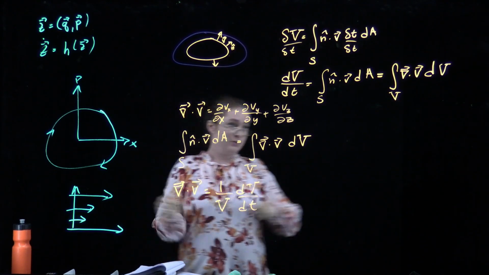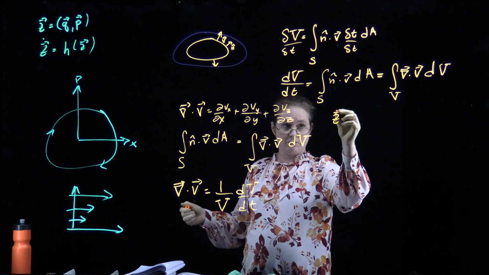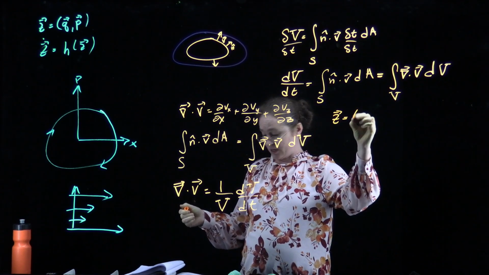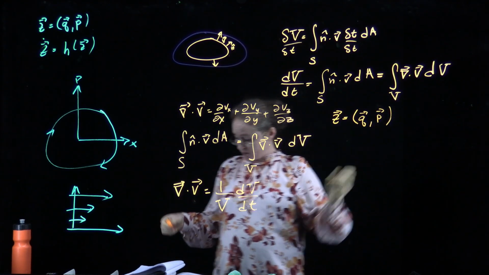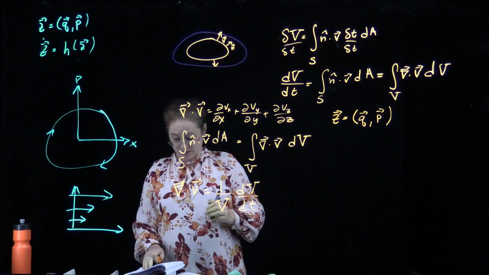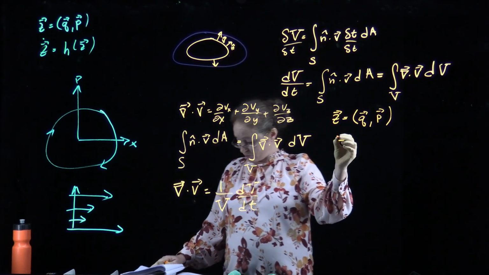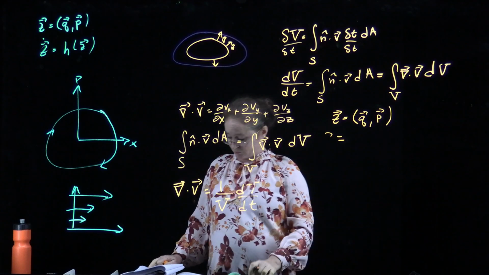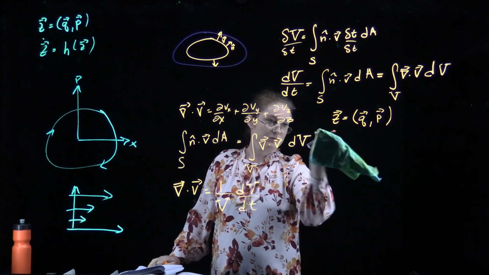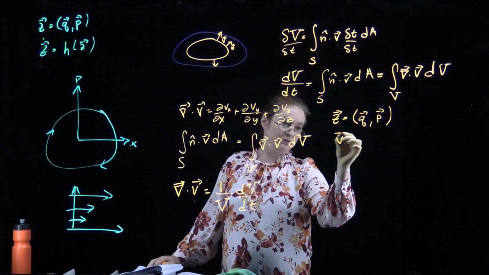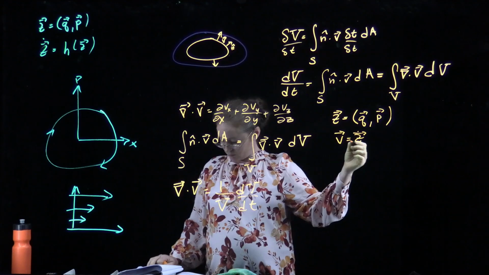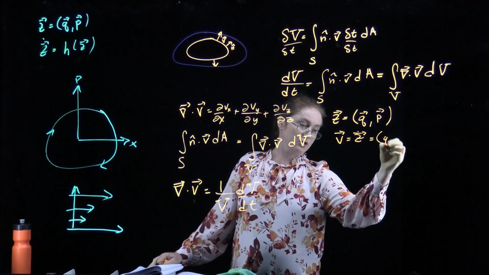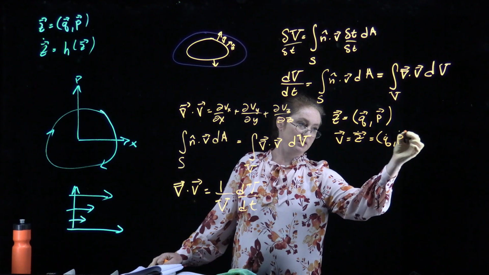So, Liouville's theorem, we take our phase space velocity, q, p, and we're going to look in one dimension at that velocity, which in one dimension, our velocity is z dot, which is q dot, p dot.